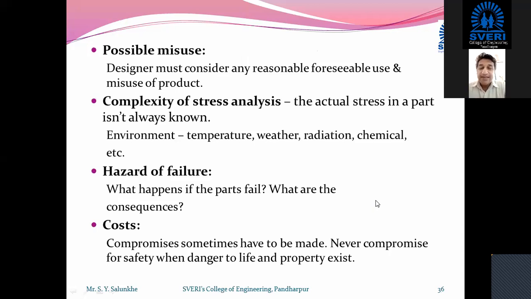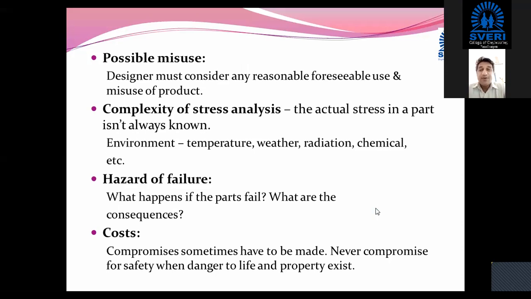Then another point which has to be considered by the designer when deciding the factor of safety is possible misuse. That means the component or machinery which you design or later manufacture and which comes into public society, or if customers purchase it, then what are the possible misuses of that particular machinery?